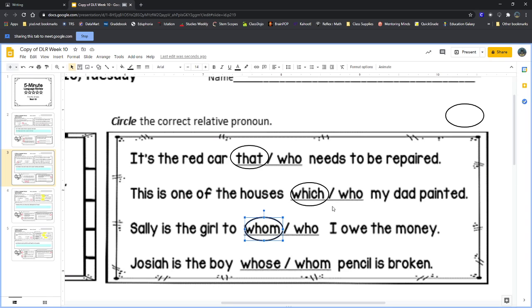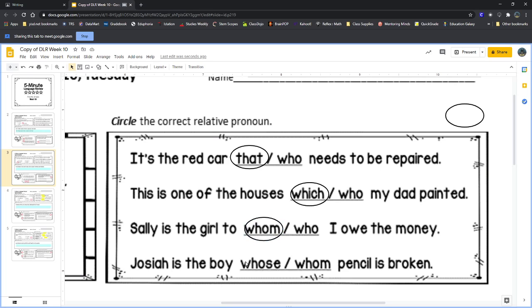So look, if you're asking about painting, you might say who painted because you could point at your dad and say he did. But you wouldn't say him did or her did. You would say he or she.